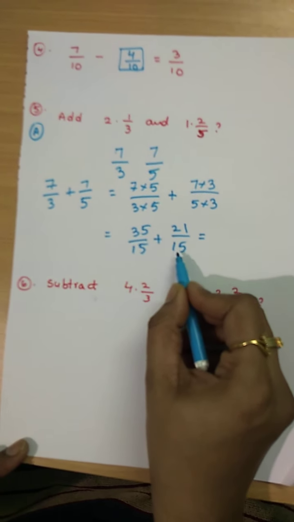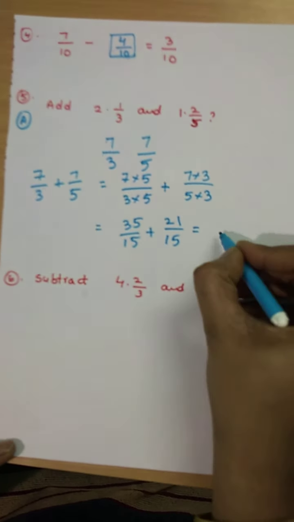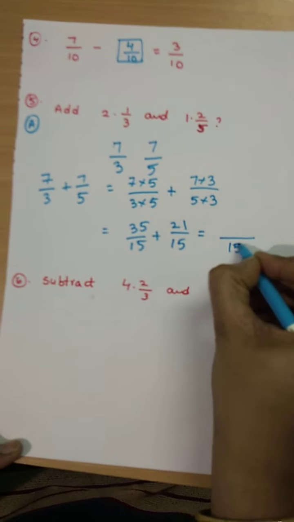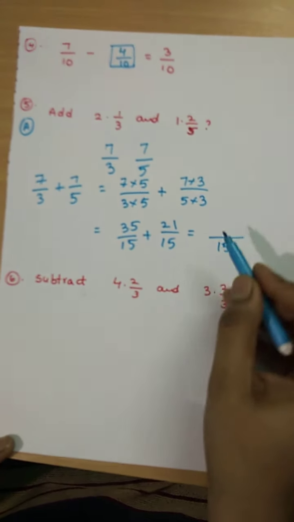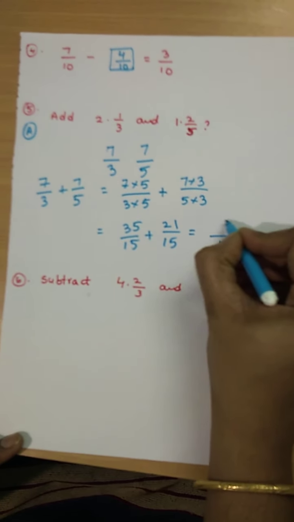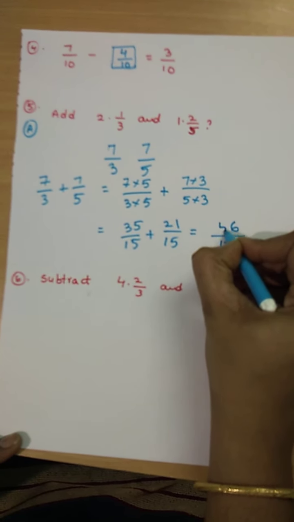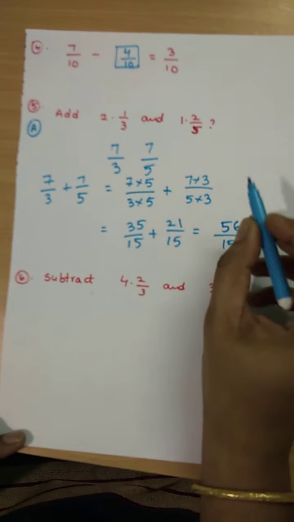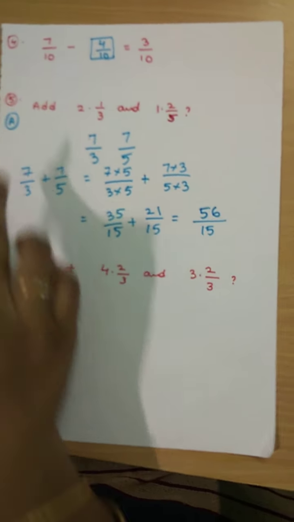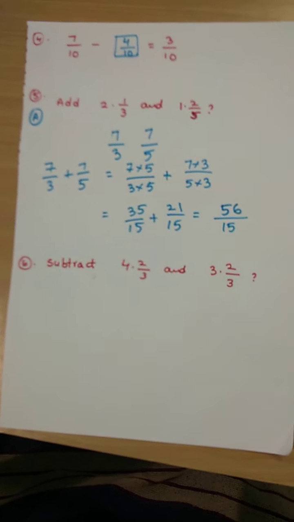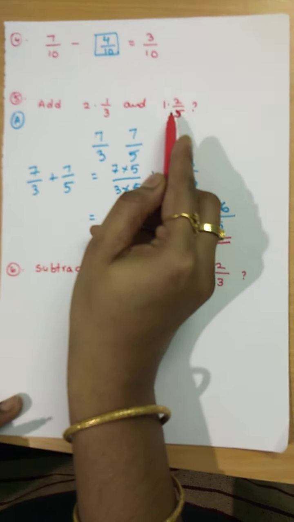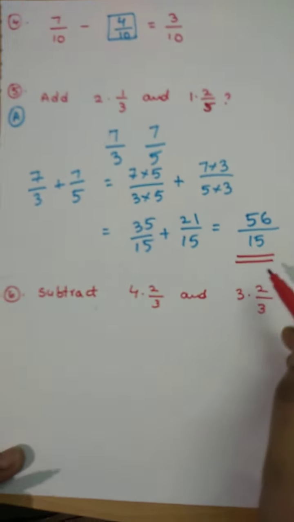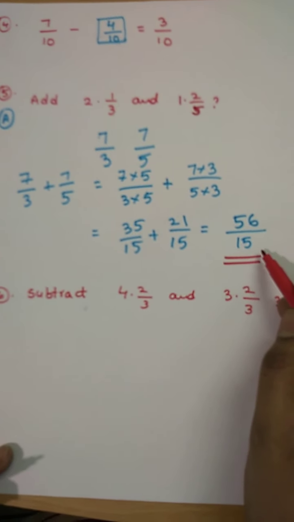Here both fractions are like fractions, denominators are same, so I am adding these fractions in an easy way. Write 15, and then 35 plus 21 is 56. So the answer of 2 into 1 by 3 plus 1 into 2 by 5 is 56 by 15.